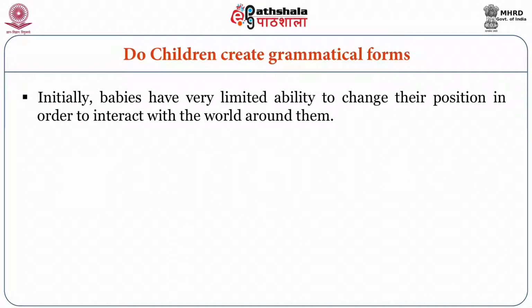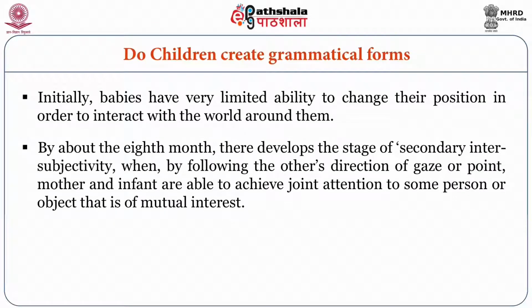Initially, babies have very limited ability to change their position in order to interact with the world around them. By about the 8th month, there develops the stage of secondary intersubjectivity, when by following the other's direction of gaze or point, mother and infant are able to achieve joint attention to some person or object that is of mutual interest.